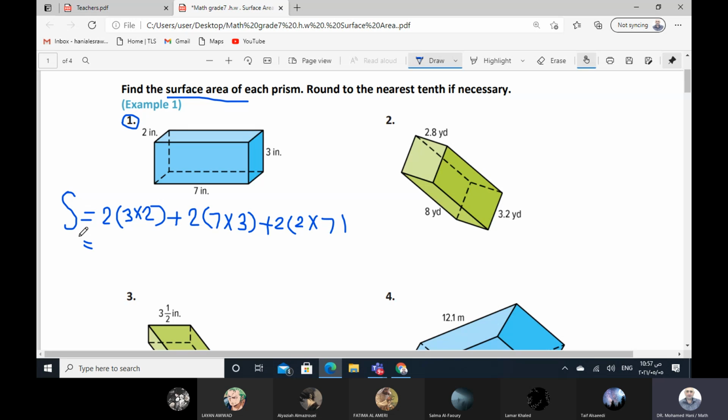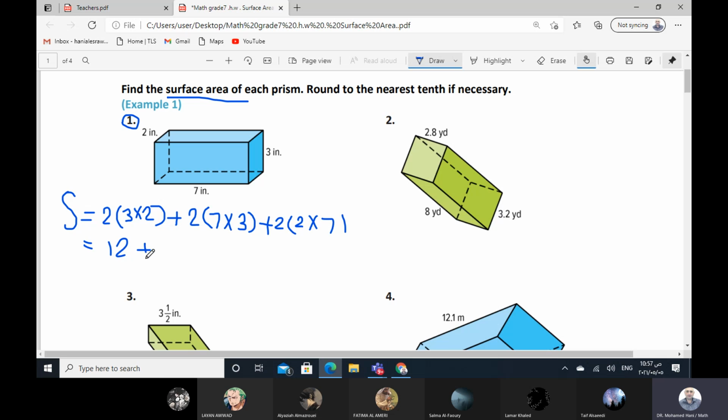Then we can calculate. Here we have 3 times 2, 6. 6 times 2, 12.